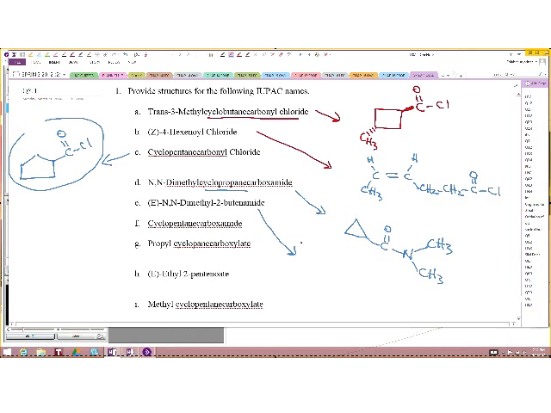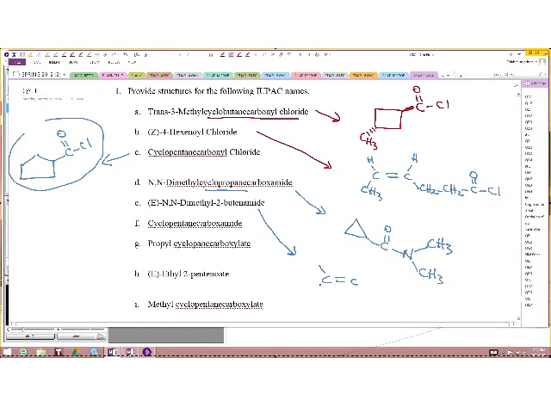Okay, let's do a couple more and then we'll call it a day. I think you guys should be able to finish this. E, N,N-dimethyl 2-butenamide. The base name here is butenamide. That means you have 4 carbon atoms and a double bond in the 2 position.